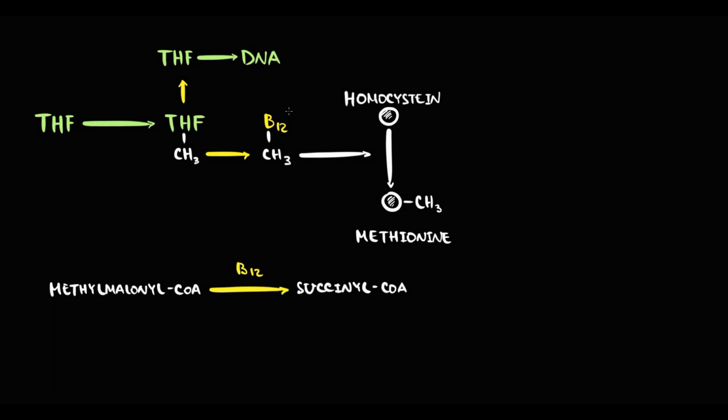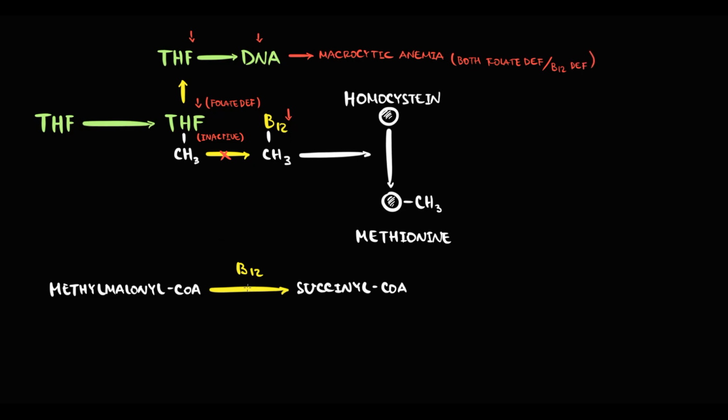If a person has B12 deficiency, folate cannot get rid of the methyl group, and basically folate remains inactive. So we cannot use folate for DNA production. The same thing happens if we do not have enough folate molecules in case of folate deficiency. In both cases, we cannot produce the DNA molecule, and as a result, macrocytic anemia develops. So in both folate deficiency and B12 deficiency, macrocytic anemia will be present.